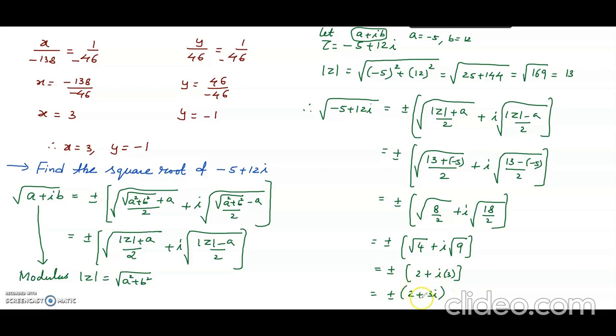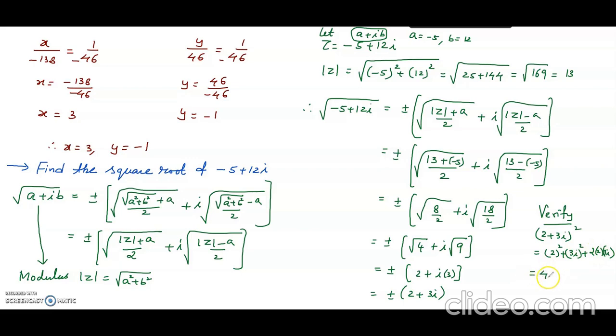If you want to verify whether the square root of your given complex number is right or wrong, for verification you need to find what is 2 plus 3i whole square. Just expand 2 plus 3i whole square using the a plus b whole square formula: a square plus b square plus 2ab, 2 into 2 into 3i.